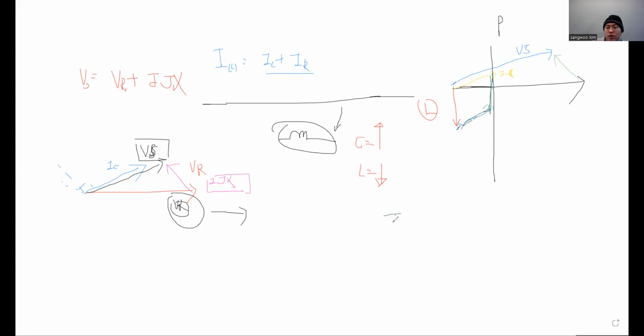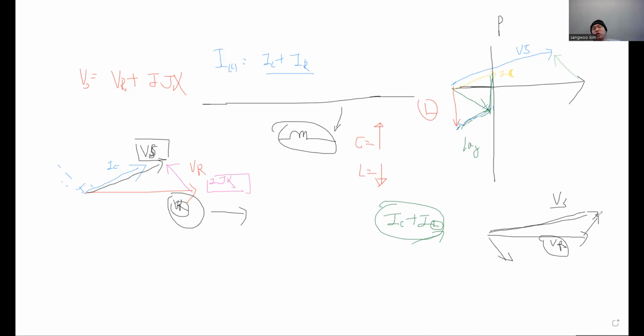Because now we add IC plus IL. We add a reactor here, so that's why the current is now lagging. It changes. If we do more of this, we get more lagging here. Now VS and VR: VS is longer than VR, right?